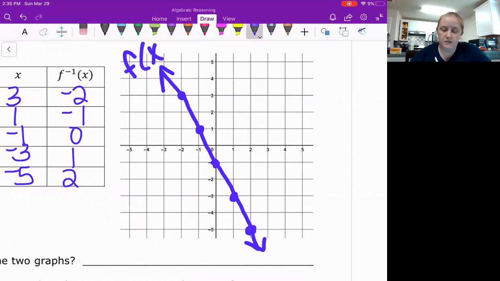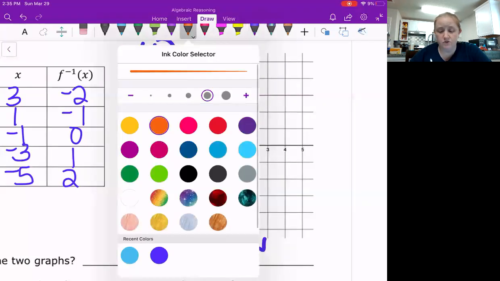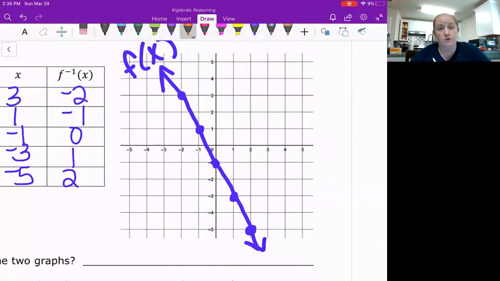Now let's get our inverse up here, and we'll take a look at the inverse graph and see if we can get a relationship. So now I'm going to graph the new points. We have 3, -2, 1, -1, -1, 0, -3, 1, and -5, 2.